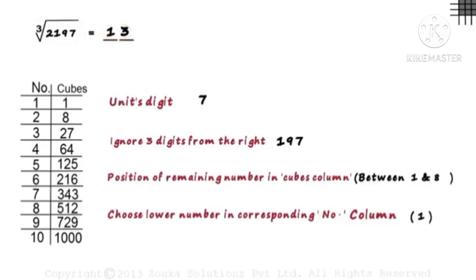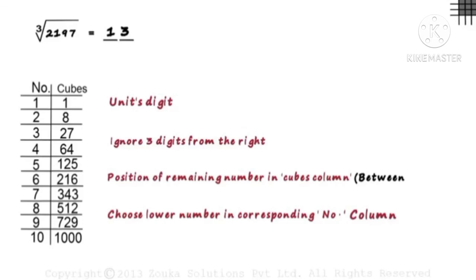Remember, we always choose numbers from the first column, which is the numbers column, to write the digits of our answer. 3 was chosen from here and 1 was chosen from here. This looks really long at first look, but with practice, trust me, you will be able to solve it in 5 seconds. Now, let's solve another problem so that you understand better.